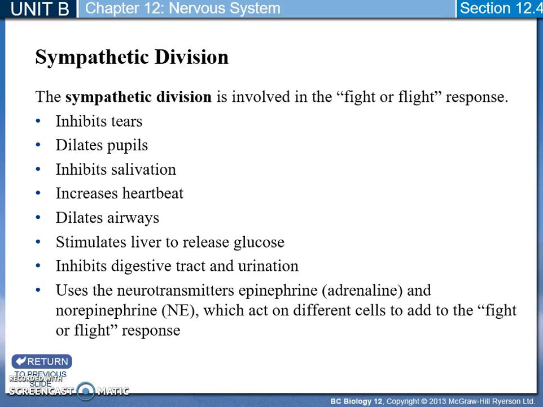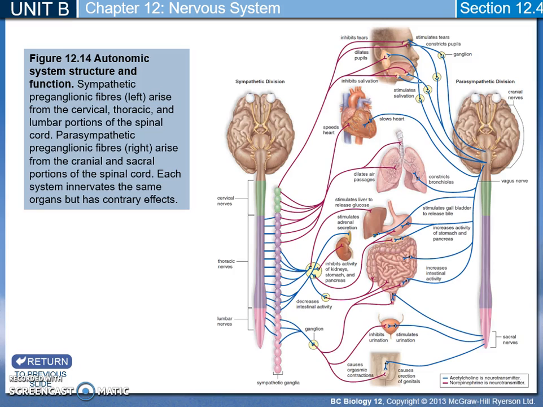It uses the neurotransmitters epinephrine and norepinephrine, which act on different cells to add to the fight or flight response. So that's the sympathetic division, and these are the things that it does. You notice that it inhibits some things, but it stimulates others. Here is a diagram illustrating that.